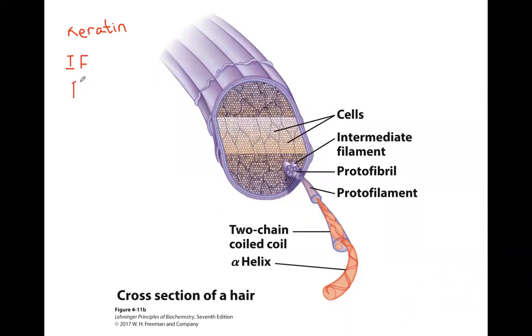It's the type of family. Okay. And so what's important here is a two-chain coiled coil.